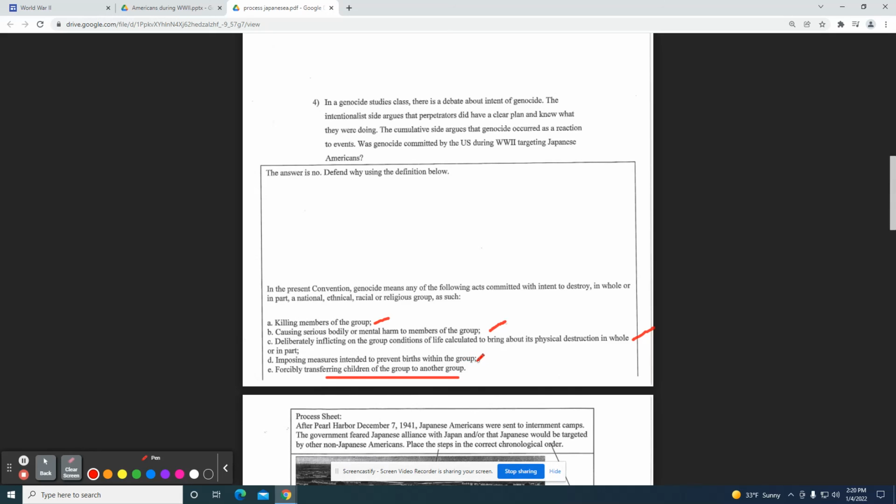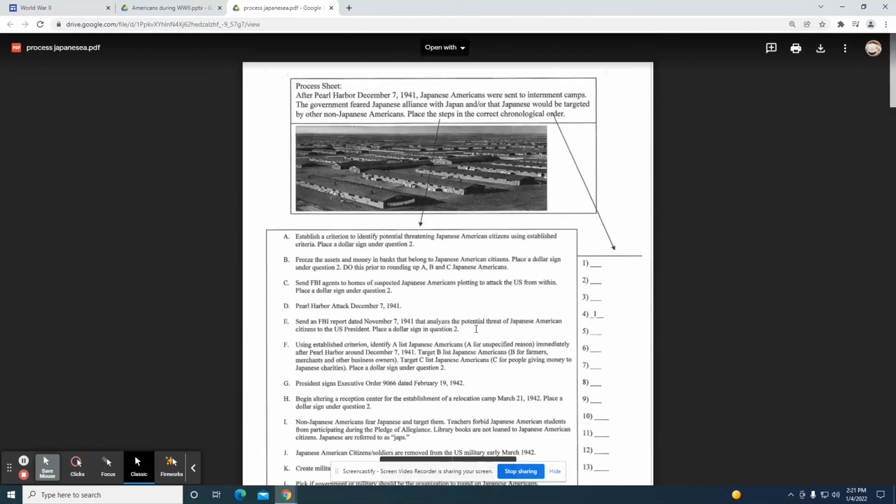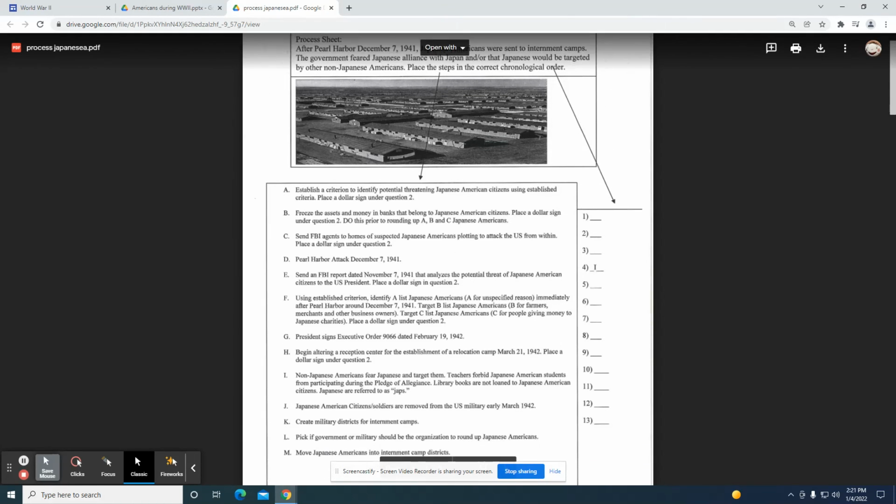They imposed measures to prevent birth: sterilization, experimentation. And if you look at the German Lebensborn program, yeah, they also did this. So the Nazis would be guilty on every count, whereas the United States government did not seem to commit these aspects of that genocide definition. So that's the task for this particular sheet. Good luck.